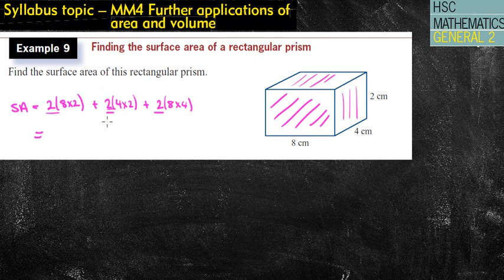If you wish to do each one individually, you certainly may do that. But again, a lot of the time, it's only going to be a 1 or 2 mark question, and what's on the screen at the moment would be the 1 mark. So to be honest, it's not really going to make too much of a difference. I'm now going to put 112, and it's centimeters squared. Okay, and that is my total surface area for that rectangular prism.